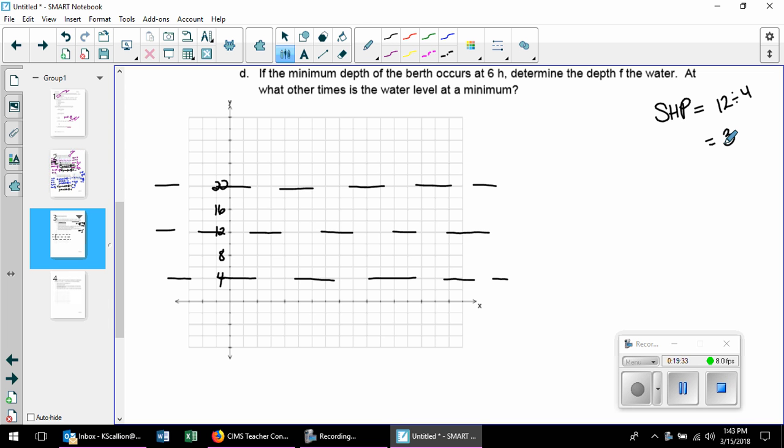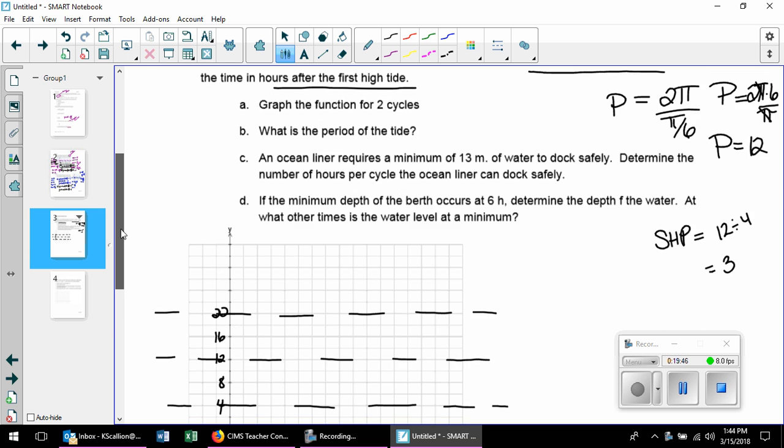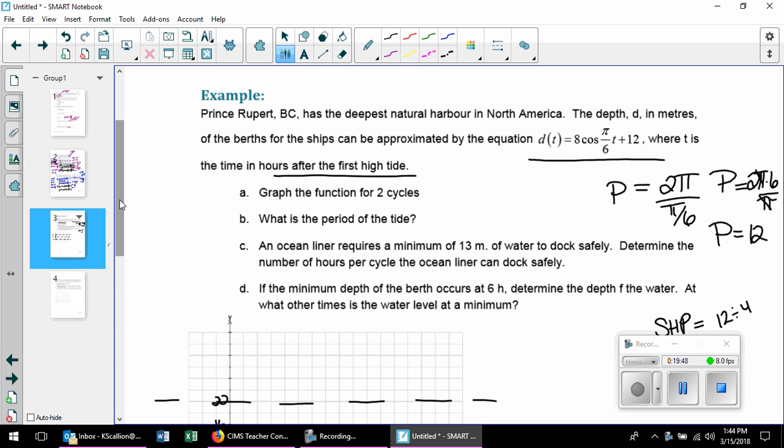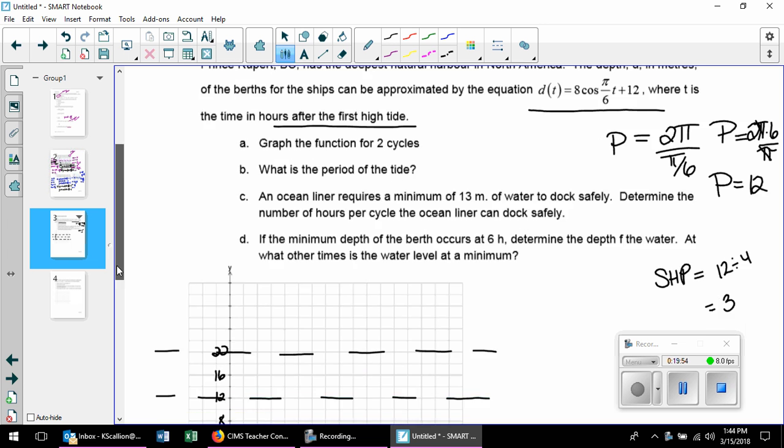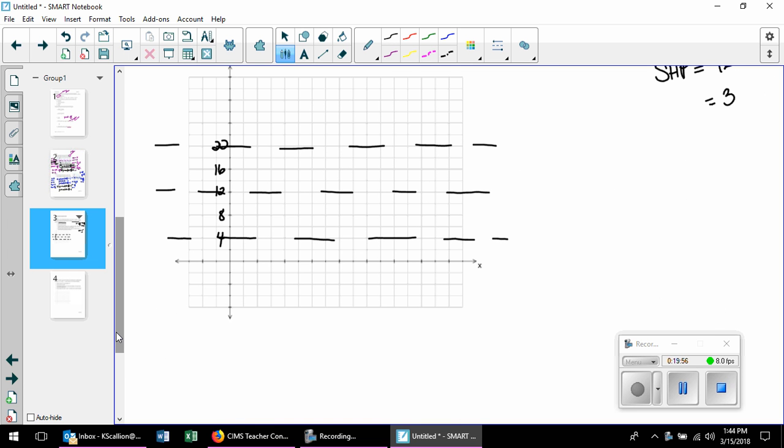Okay. So how are we going to do this? Can we do 1, 2, 3, 4, 5, 6, 7, 8, 9? Ooh, I am not going to get 2 periods on here, because the question says graph the function for 2 cycles. Actually, 3, 6, 9.